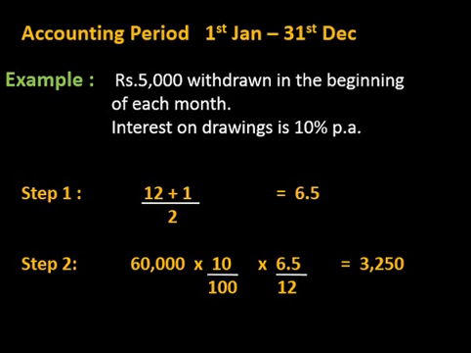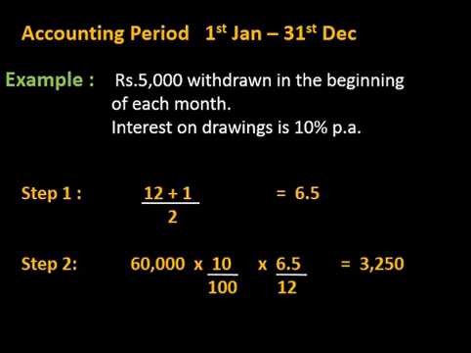It means every month 5,000 is withdrawn in the beginning of each month. If I start from the 1st Jan, the next amount is withdrawn on the 1st February, 1st March, 1st April, 1st May, 1st June, and so on till the 1st December.